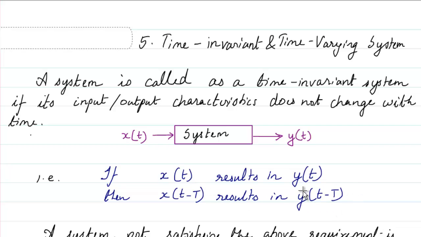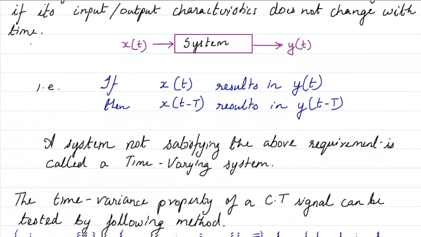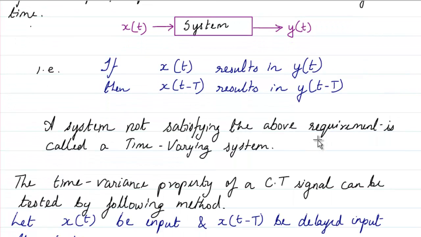Then all that happens is the original signal also gets delayed. It does not change, but it only gets delayed. If such an equation is satisfied, then we will call the system time invariant. And if a system is not satisfying the above requirement, then it will be called a time varying system.